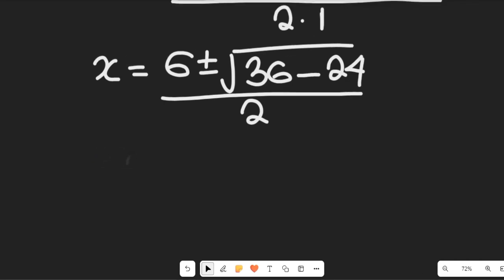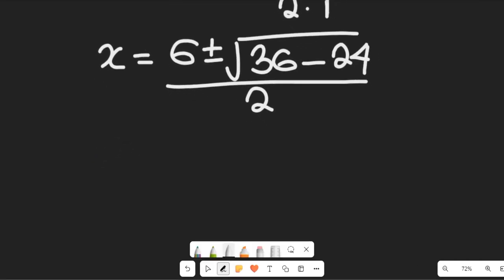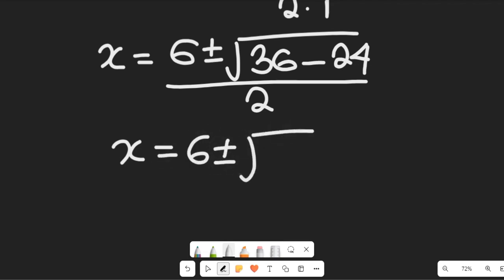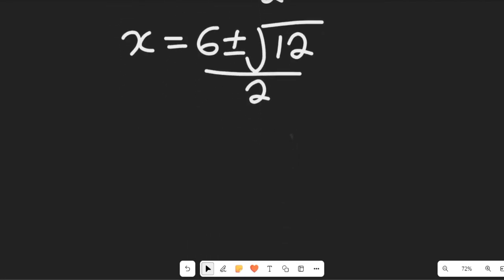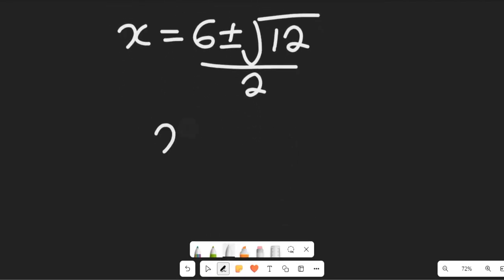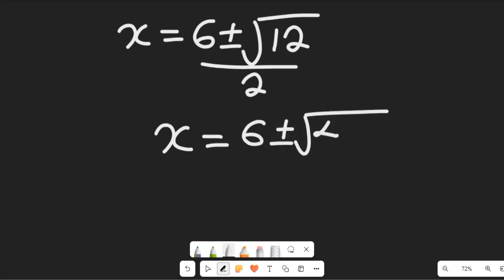Our x will be equal to 6 plus or minus the square root of 36 minus 24, which gives us 12, divided by 2. So what do we have here? We're going to have x equal to 6 plus or minus the square root of 12, which is simply 4 multiplied by 3, and that will be divided by 2.